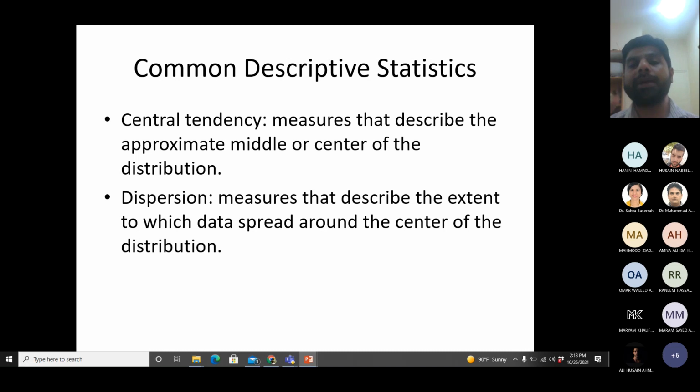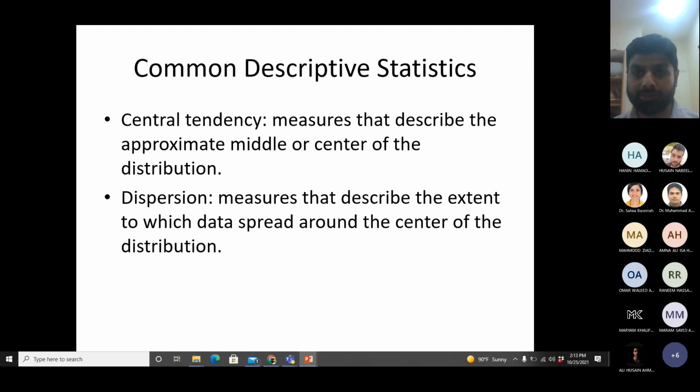Central tendency means the measures or statistics which represent the central values of the data, the middle values of the data. So statistics like mean, mode, median. These are statistics of central tendency. I think you know most of them.